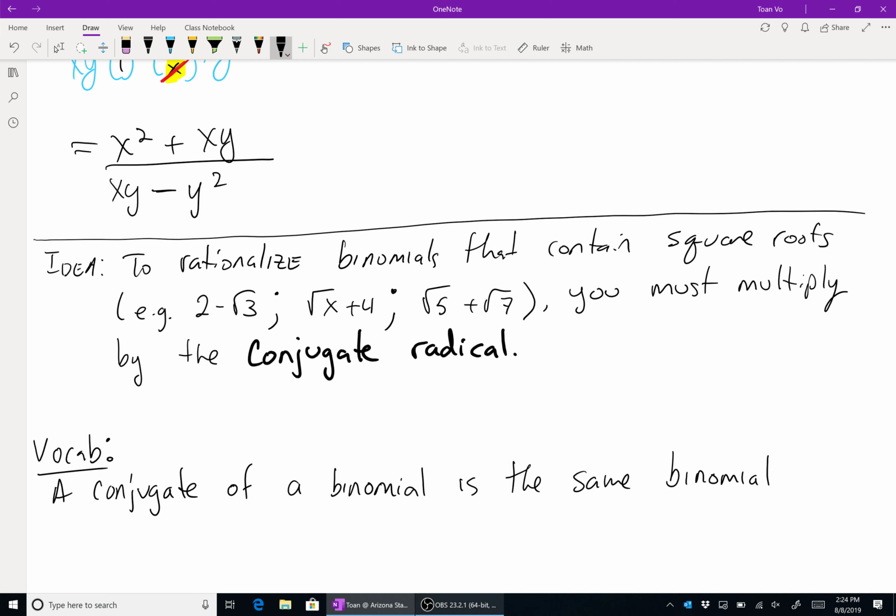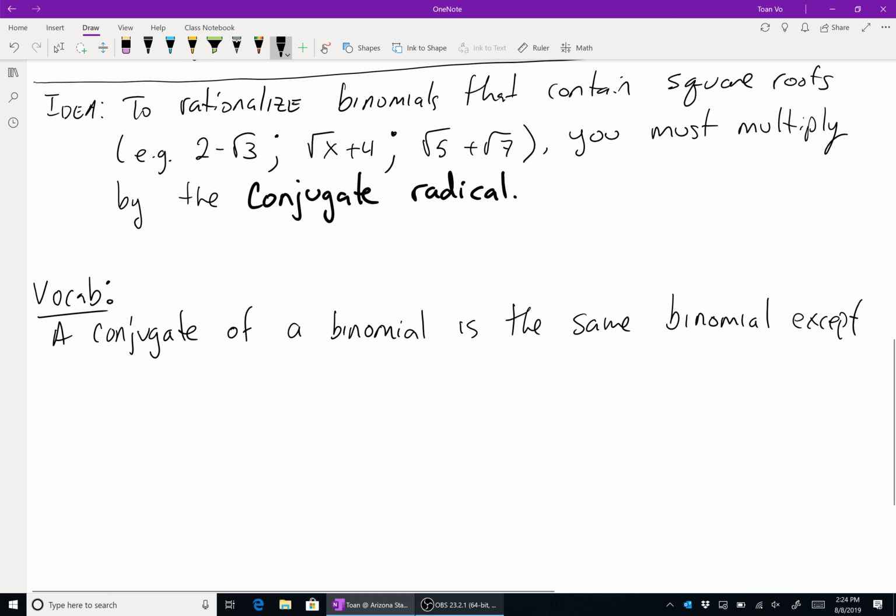That's sort of weird. Something's different, but it uses the same binomial with a little tweak. A conjugate of a binomial is the same binomial except with the opposite middle sign. Emphasis on middle.